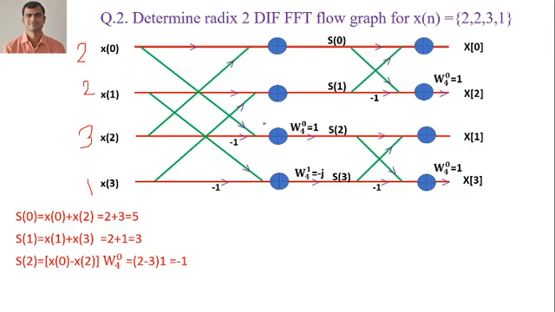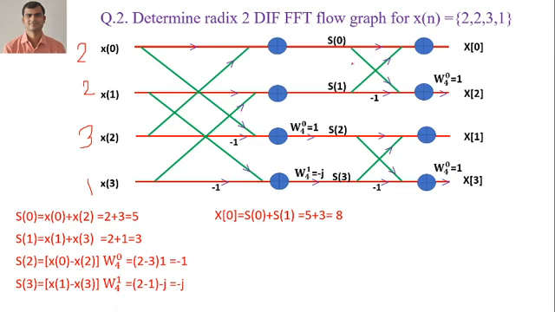So 2 minus 3 into 1 becomes -1, and here it is 2 minus 1, then we have to multiply with minus j. So 2 minus 1 becomes 1, into minus j, it becomes minus j. So this is the output of stage 1.